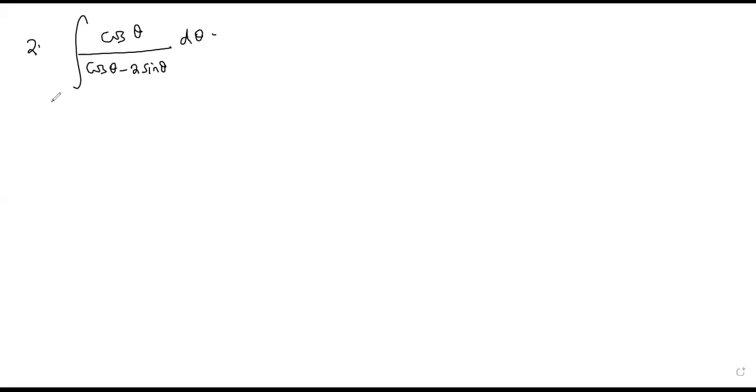Split the numerator: cos theta is equal to a times the derivative of the denominator, which will be negative sine theta minus 2 cos theta, plus b times the denominator cos theta minus 2 sine theta. That is what we have.